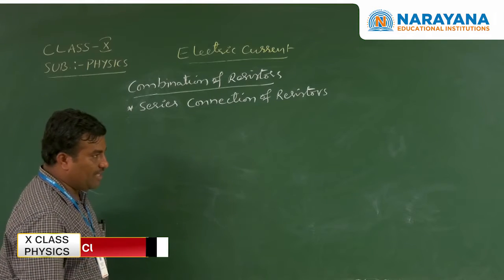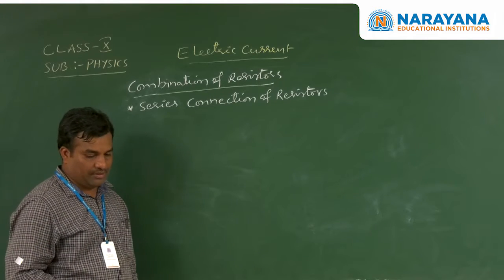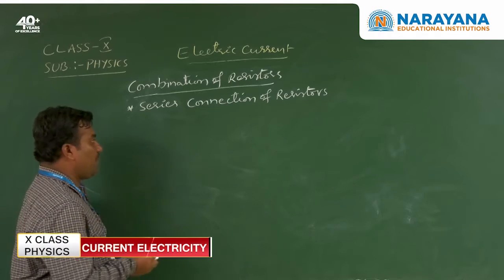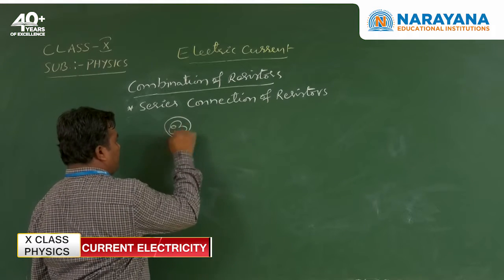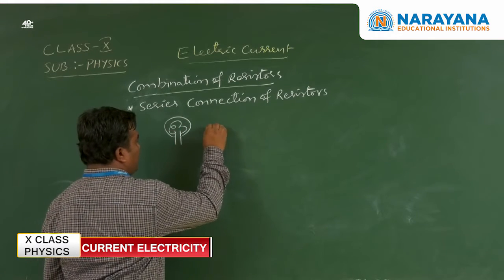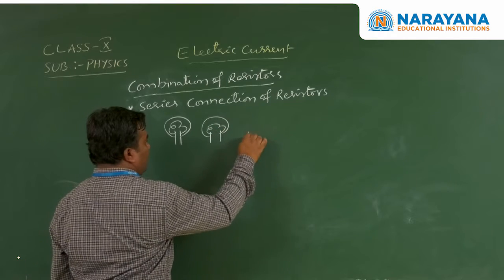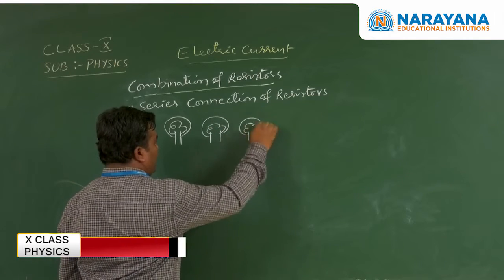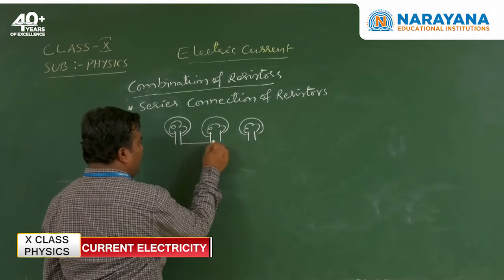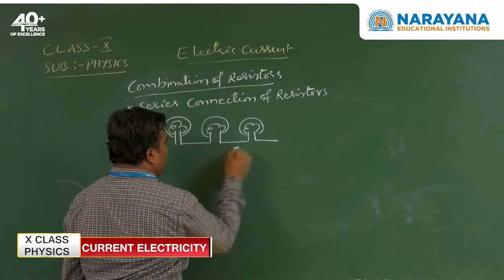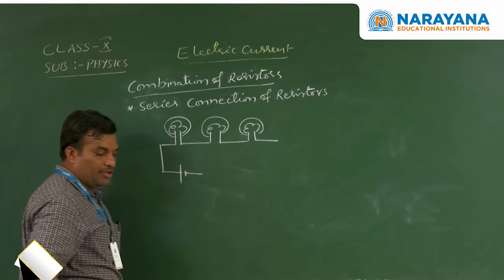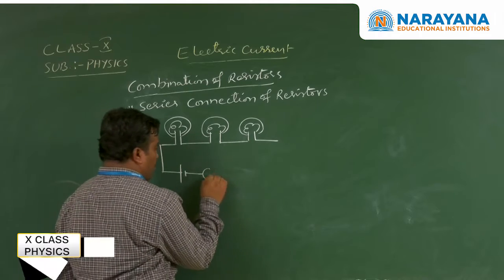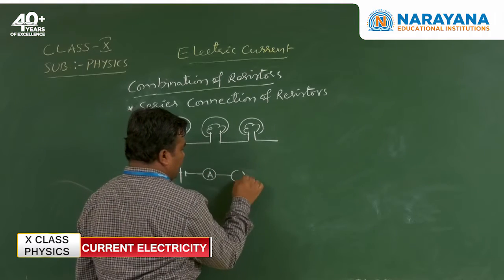First of all, take different bulbs: the first bulb, the second bulb and the third bulb. These are connected end to end, and the ends are connected to the battery's positive and negative terminals with an ammeter and key.